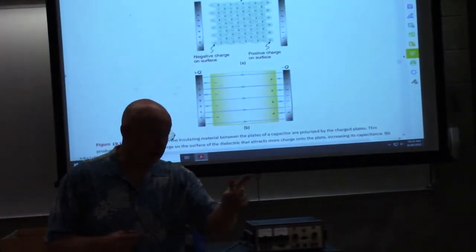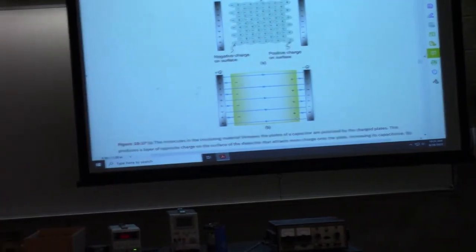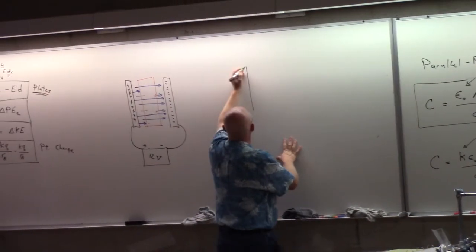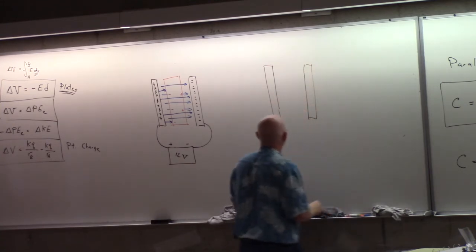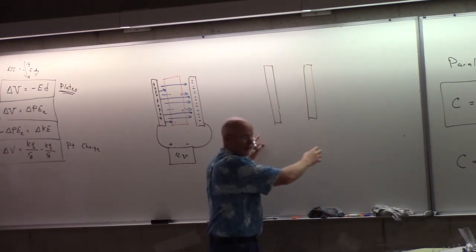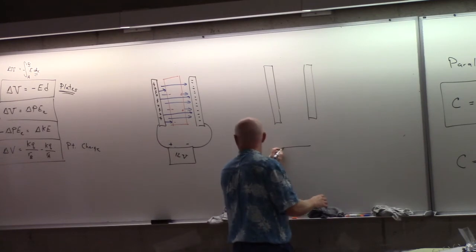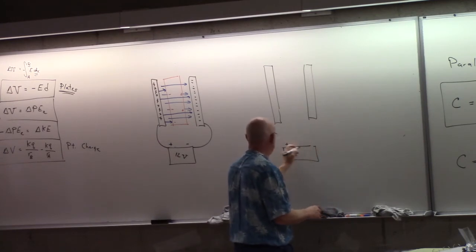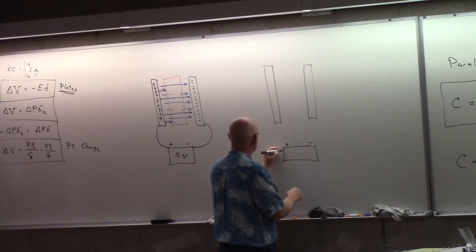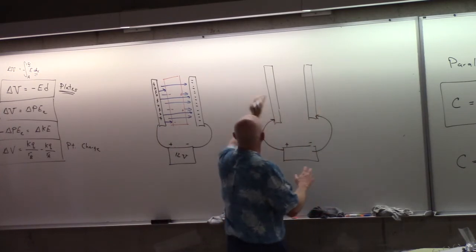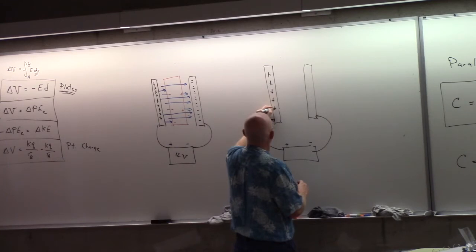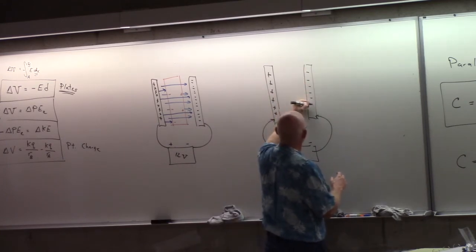Let me change the situation so we can do a comparison and contrast. It'll probably make more sense then. What if we first hooked it up and then disconnected it? So we put a plus and a minus. You hook it up, and now I get a plus and a minus.